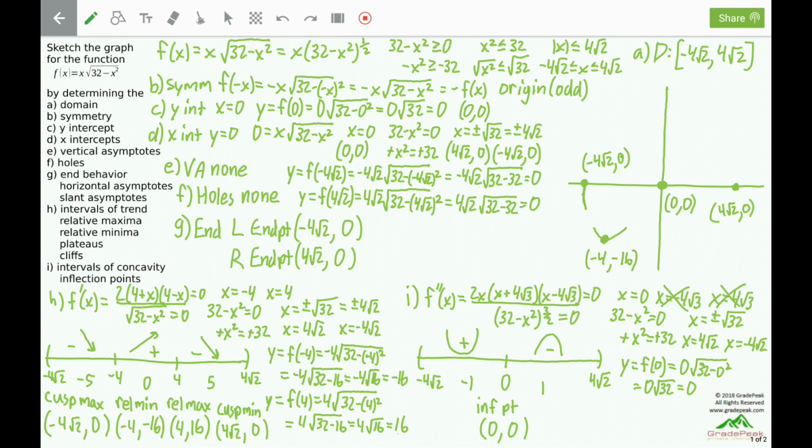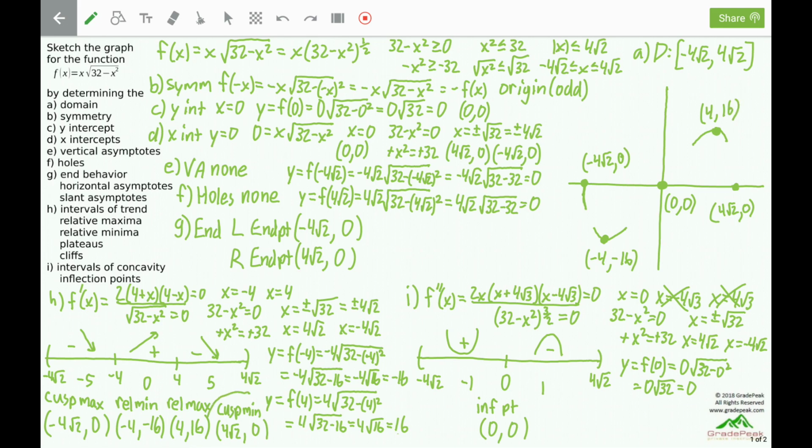So it looks something like that. Right at the point of 4, 16, we have a relative maximum, so that will be up here. Approximately right here. And we can give it a shape of a relative maximum like so, and label that. That's at 4, +16.